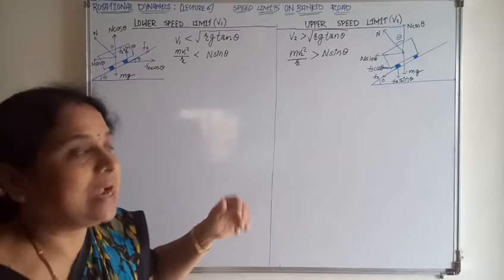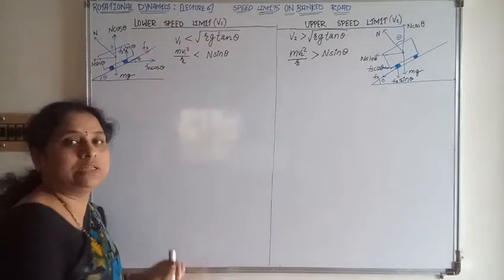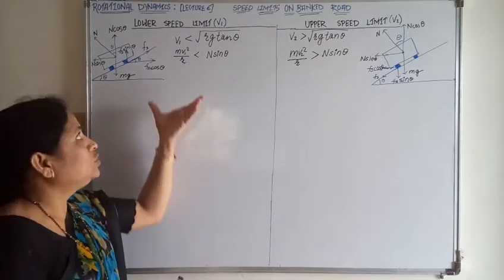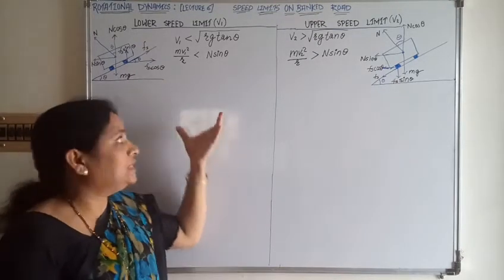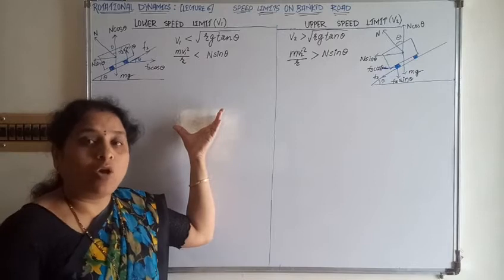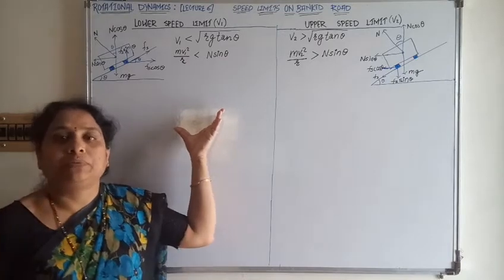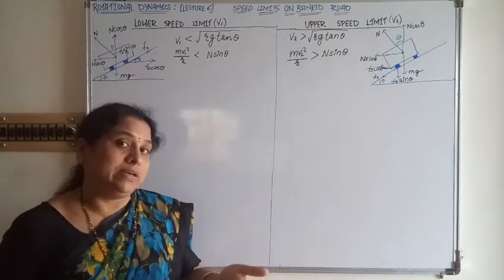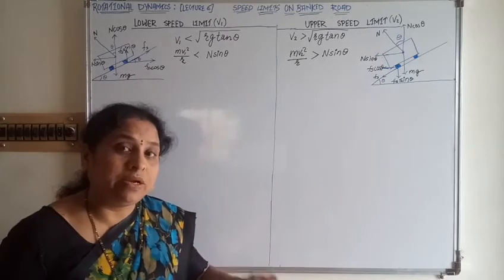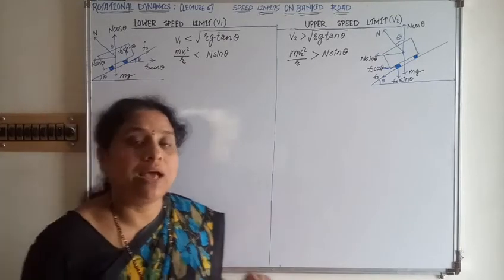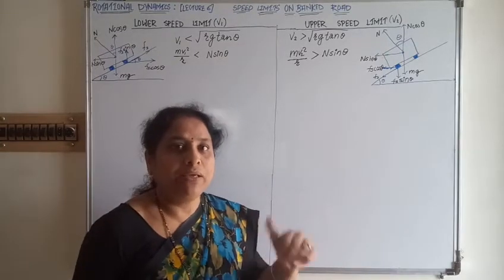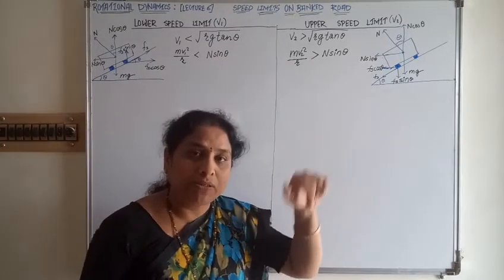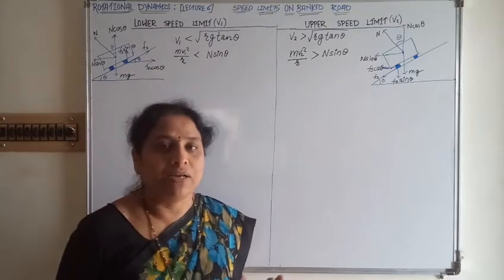Let V1 be the lower speed limit. To find that lower speed limit, we here consider the frictional force along with the normal reaction. When we find the safe speed Vs is equal to under root Rg tan theta, we neglect this frictional force and we consider only the normal reaction force and the weight mg acting vertically downward.